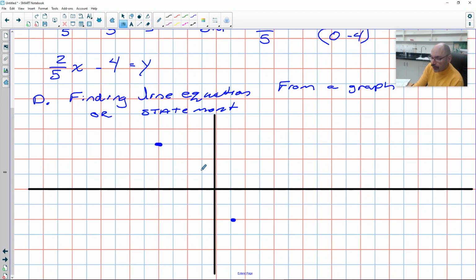So those 2 points, this one is (-4, 3). And this one here is (1, -2). Okay, we'll put the line in there.